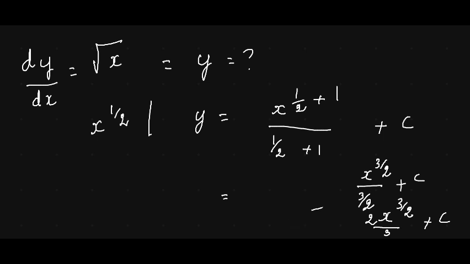but in your book they made it a little bit more sophisticated. The answer came for us as 2x to the power of 3 by 2 divided by 3 plus c, correct?